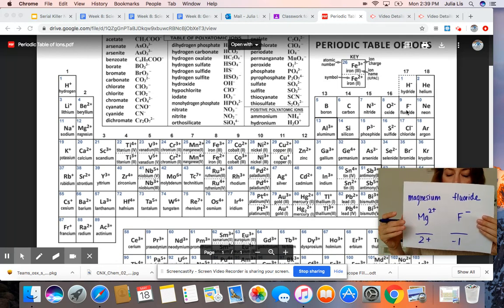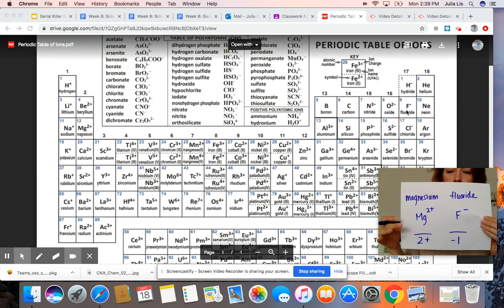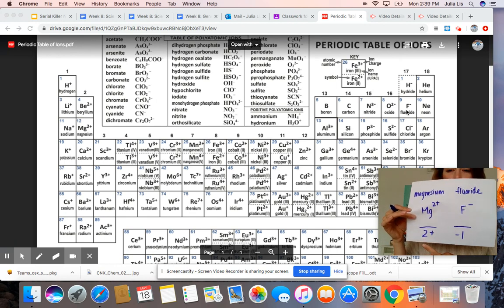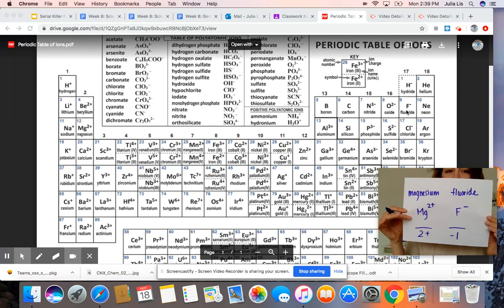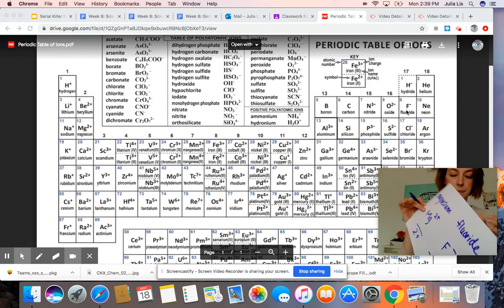So, when looking at this, I'd like you to picture which side should you add to. Should you add another magnesium, which would make it 4+? Or if you add another fluorine, will that then make it 2-? And 2 plus -2 would give you 0. Okay, so hopefully you know we'll add another fluorine here.